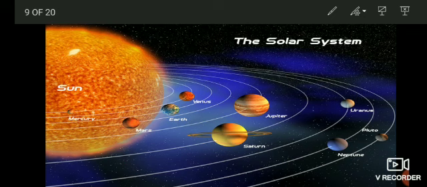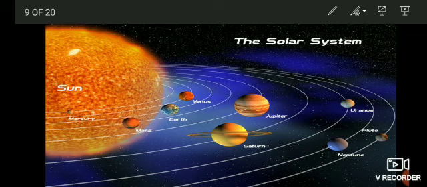The sun is at the center of a very large family of heavenly bodies. What are heavenly bodies here? Planets and satellites. It comprises planets and their satellites, that is moons, asteroids, comets, meteors, which make up the solar system.